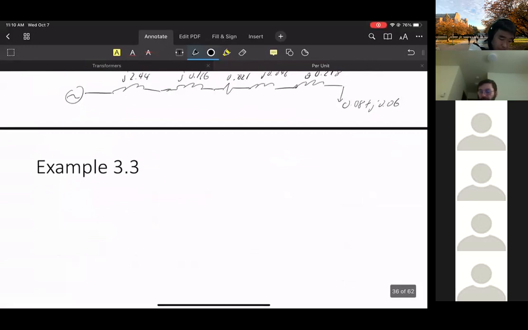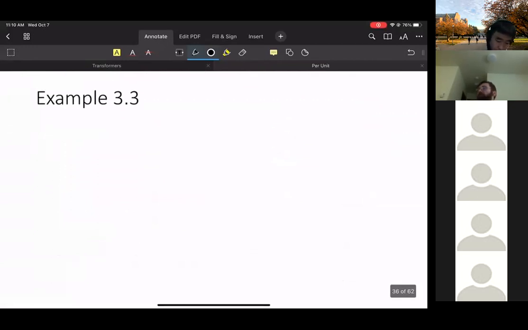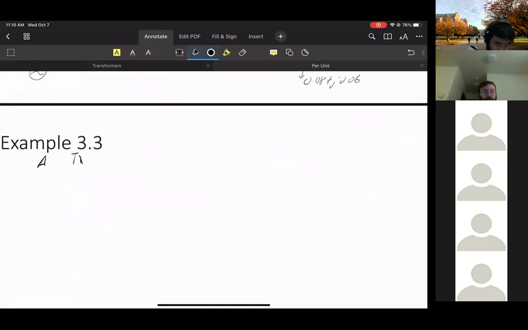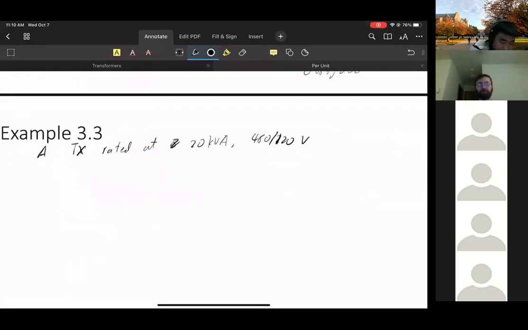Okay, so this example is the following. Let me write down the problem. I have a single phase transformer that's rated at 20 kVA for 120 volts. Now this question is a little bit tricky.